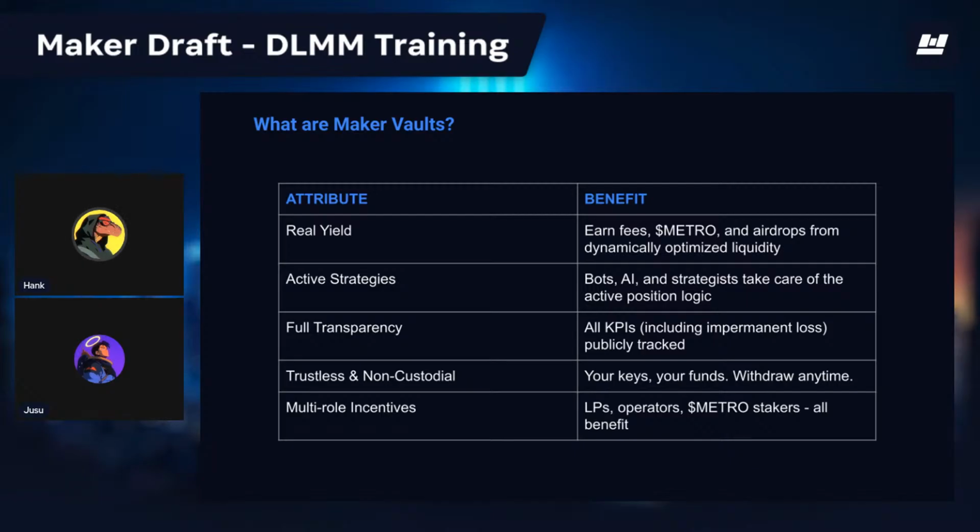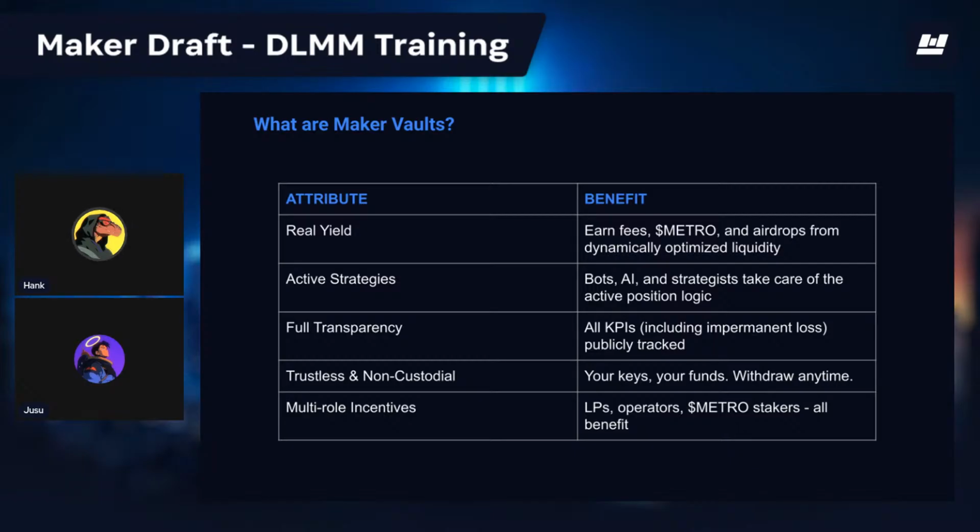So it's really a first time, and we're launching this here on Sonic because Sonic is a super fast chain, extremely good for a protocol like ours. That's why we're pioneering this here. So this is really the first time in DeFi that such a product exists, and I'm really excited to get into it.